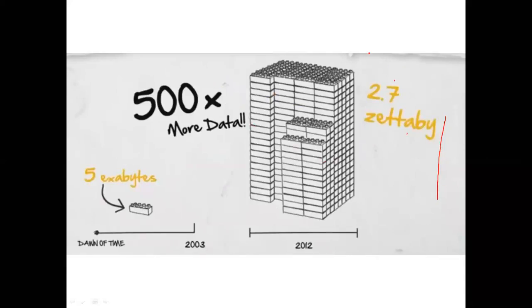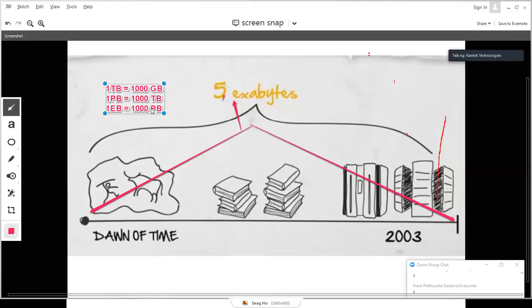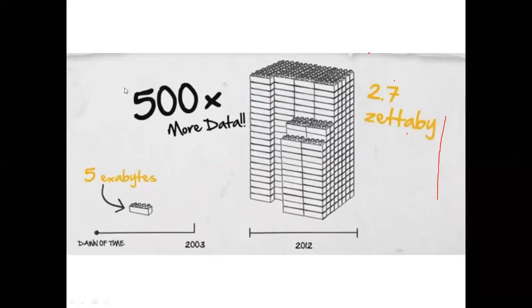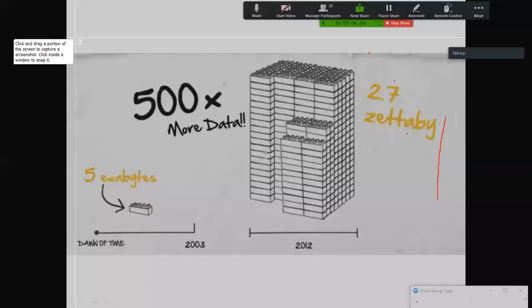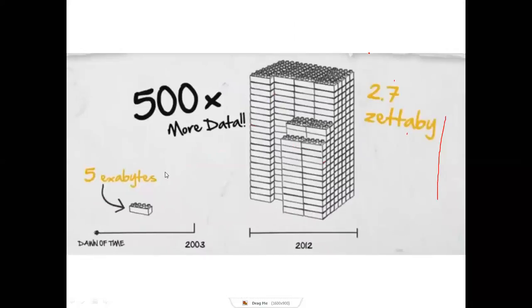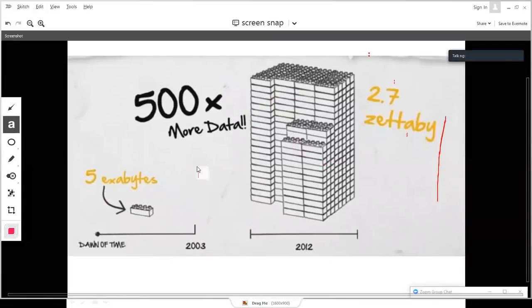But what is happening here is, in the year 2012, about 2.7 zettabytes of data has been generated, guys. Okay, what that means is, in the year 2012, 1 exabyte equals 1000 petabytes, and then comes 1 zettabyte, which equals 1000 exabytes, guys.